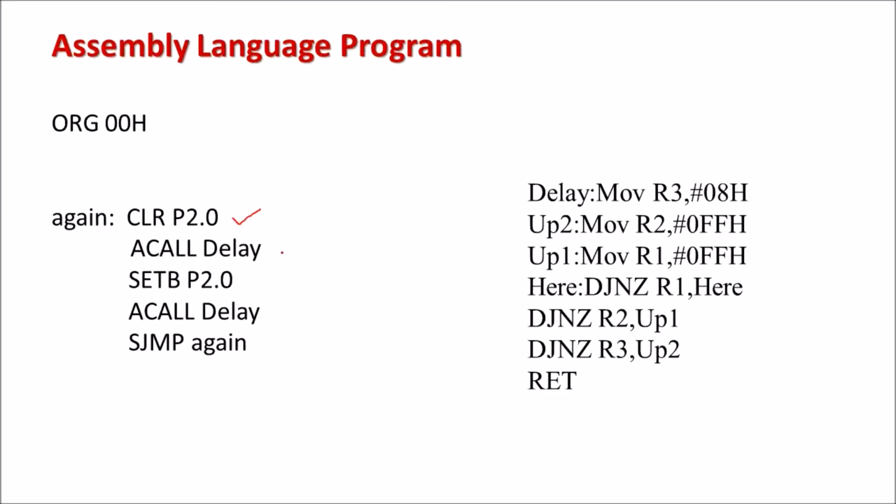We call a delay, and to turn this light off, we'll send a logic 1 to the input terminal of the opto isolator. Again we call a delay and we'll execute this program continuously. So the light will continuously turn on and off with this delay. The same delay program is written here. We can write a delay program using a timer also.